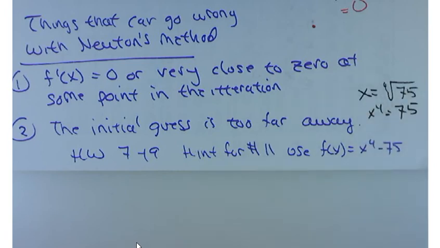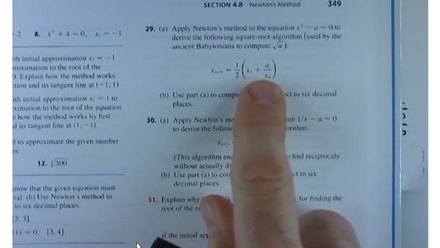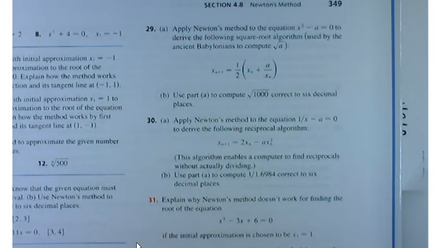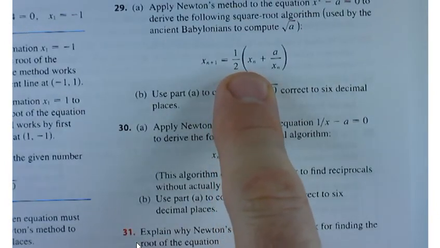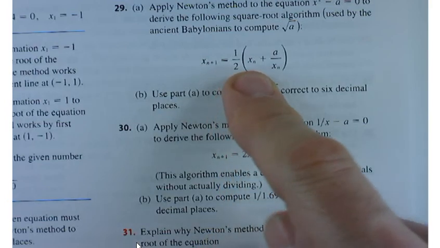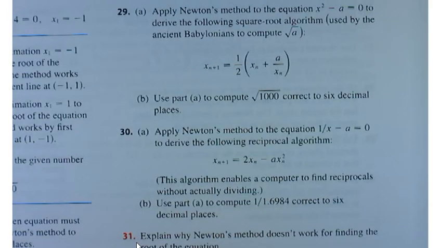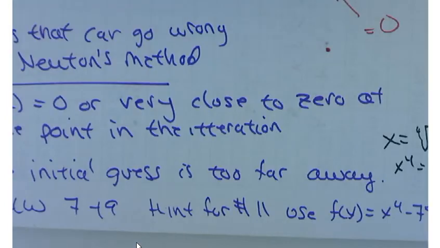In fact, the early Babylonians used essentially Newton's method, and when you apply it this way, you can actually figure out the square root of a number by repeatedly applying Newton's method. So, pretty clever of them. Really clever, in fact. So, okay. Cool. Enjoy Newton's method.